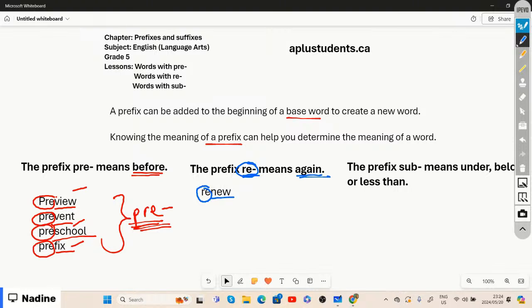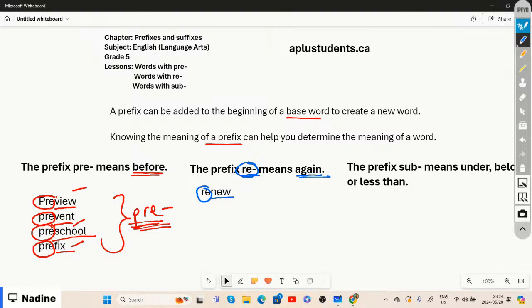It's like renewing a contract. So you already worked at a specific place, and now they say, oh, your contract is coming to an end, but we really love your work, so we're going to renew your contract, which means that we're going to extend the contract.